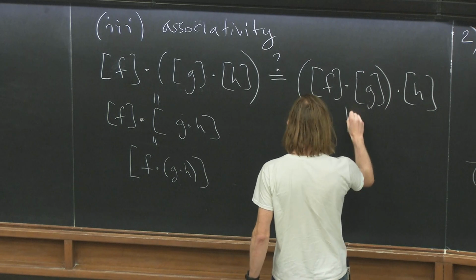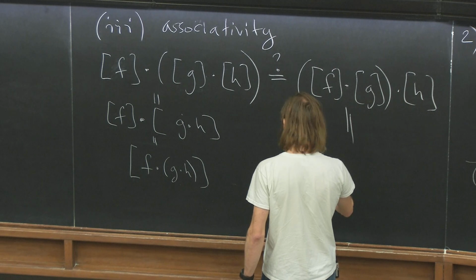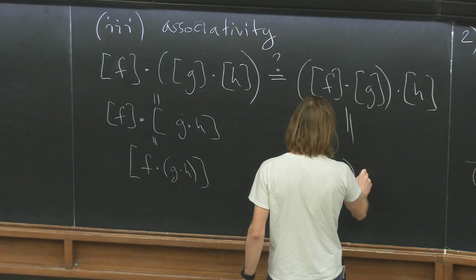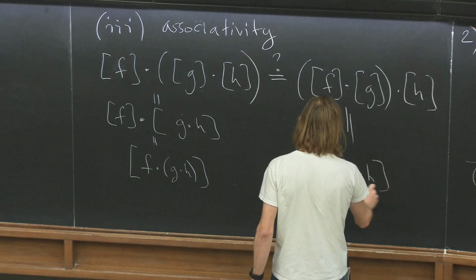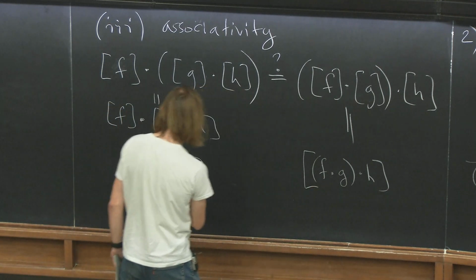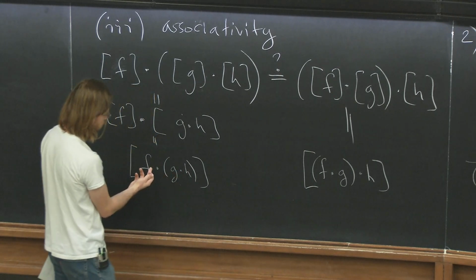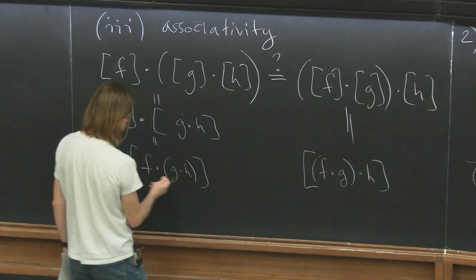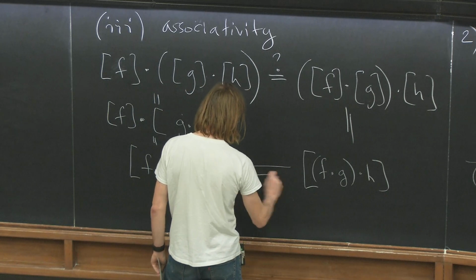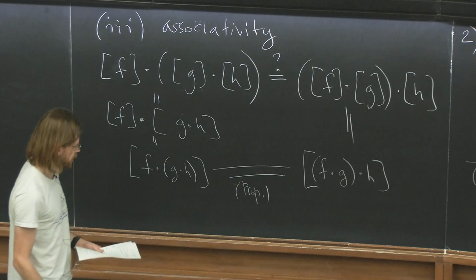And similarly here, by repeating essentially the same thing, this is the class of the composition of path F with path G, and then composed with path H in this order. In principle, this pair of paths are different in general, but in the proposition from the last lecture, we showed that these compositions are path homotopic, and this means that the equivalence classes are indeed the same.